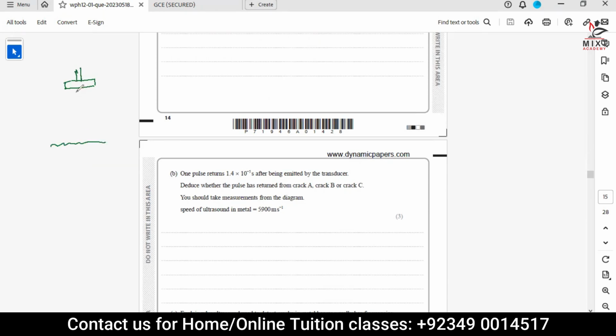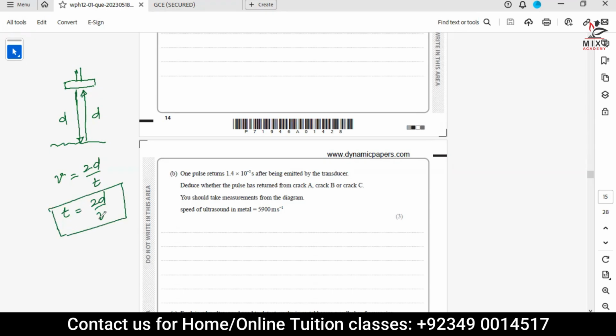For example, when the pulse comes, it covers distance D and reflects back, covering distance D again. So whenever they say calculate the time, the formula is 2D divided by V. Or you can write T is equal to 2D divided by V.